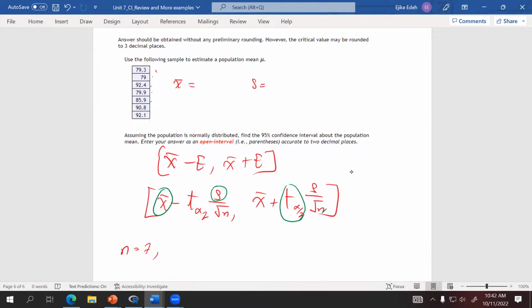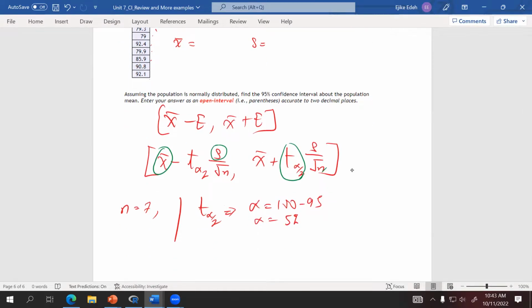So the critical value for this is T alpha over 2, right? Alpha again is 100 minus the confidence level, and the confidence level here is 95, so your alpha is 5%, right?